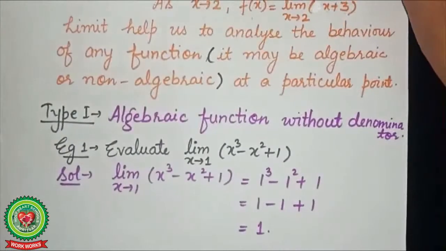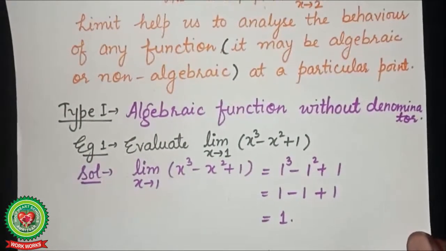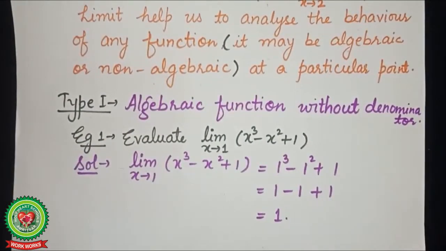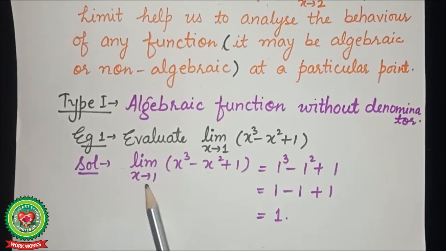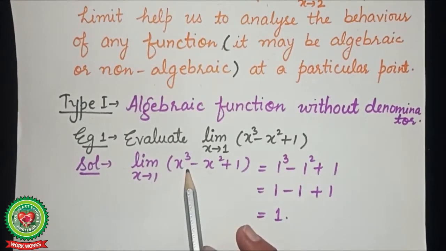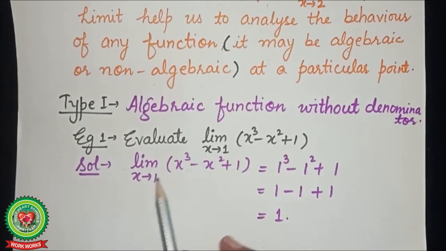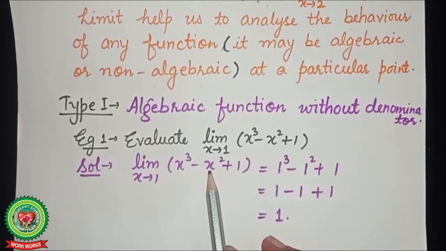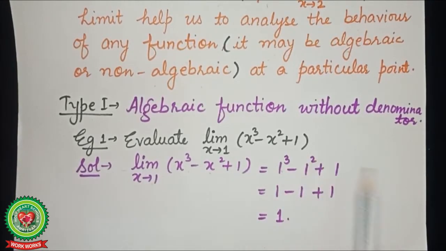First type is algebraic function without denominator. Whenever an algebraic function is there but no denominator is there, in that case we will do the direct substitution. So here direct substitution of value is there. So it is 1 cube, here we will put 1 minus 1 square plus 1.